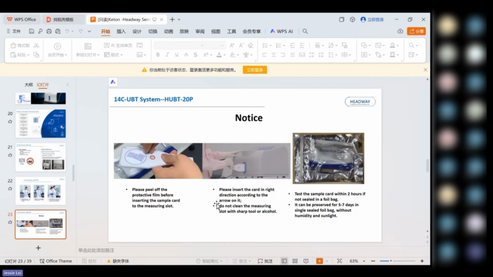Third, test the sample card within 2 hours if it is not sealed well in a foil bag. If we want to preserve it for 5 to 7 days, we need to put it in a single sealed foil bag, without humidity and sunlight.